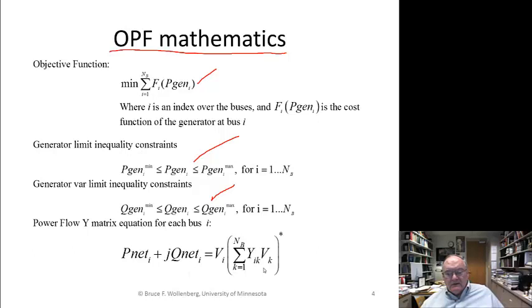Now this equation here is in complex numbers. So it says that the P net plus Q net at every bus is equal to V I conjugate. This term in here is I sub I. It's the net current. So this is basically the power flow. And of course we have the conjugate right up here, a star for the conjugate.